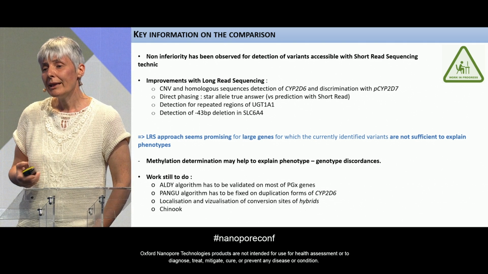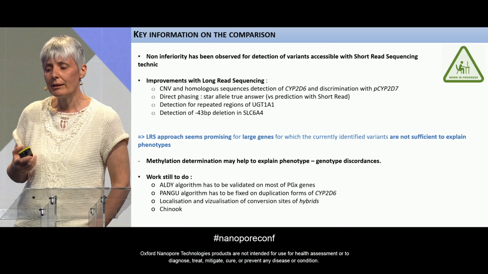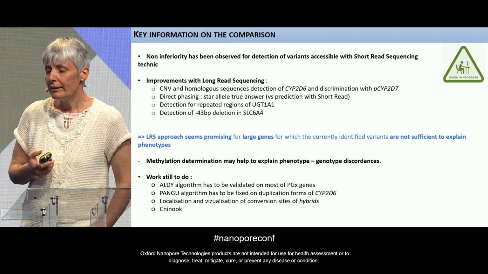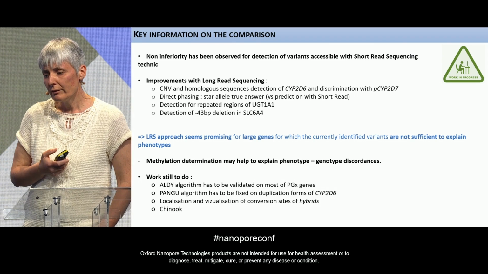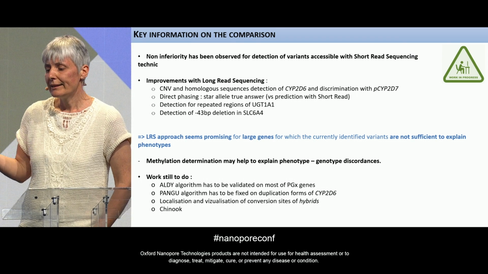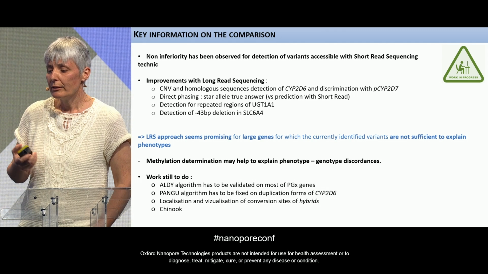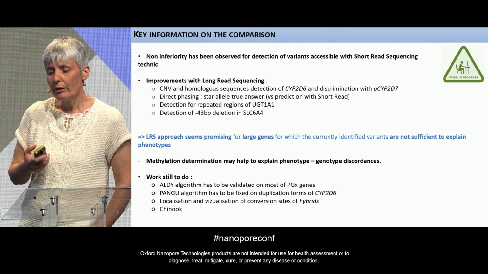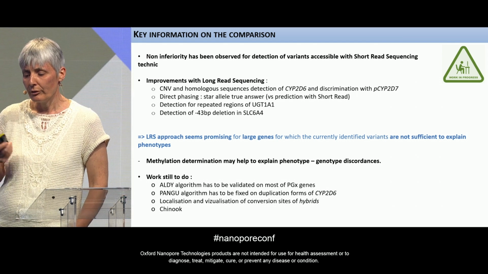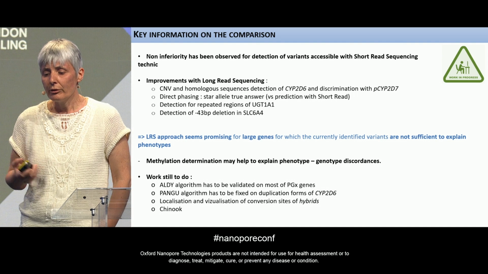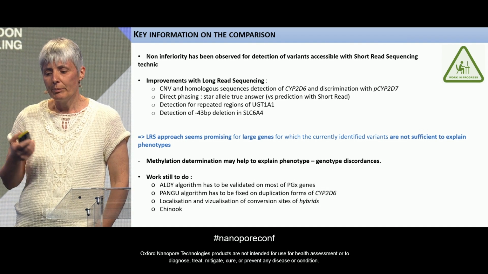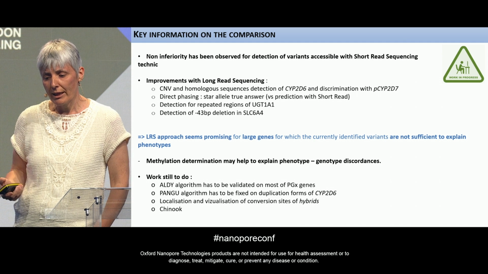We highlighted some improvements with long-read sequencing in terms of the detection of CNVs, in terms of the discrimination with the pseudogene, cytochrome 2D7, and the direct phasing is a very nice improvement to get the true answer for the haplotyping. Of course, it's nice to be able to visualize repeated region and large deletion.